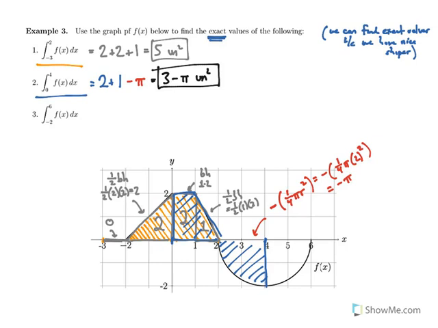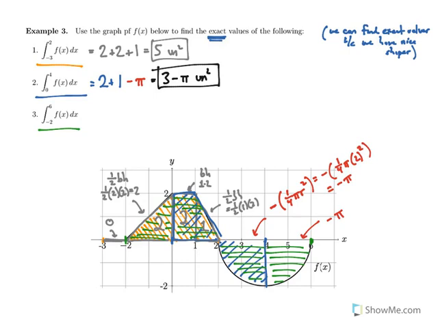And finally, let's deal with the integral from -2 to 6. That's going to include all of this stuff. It's going to include this half circle, and it's going to include that other part of the half circle, which is also going to give us a negative pi.